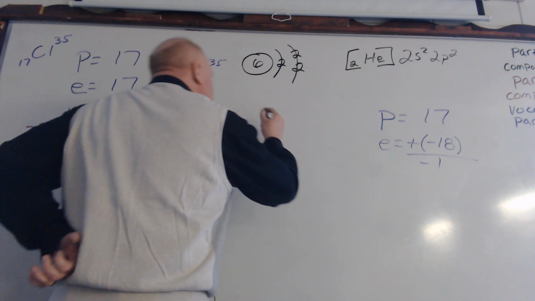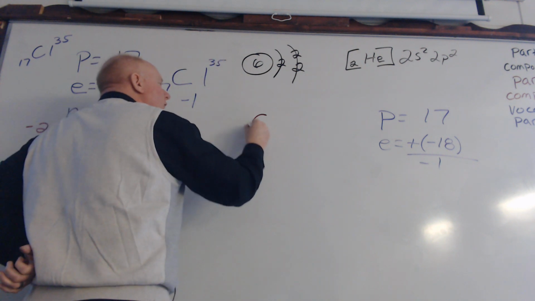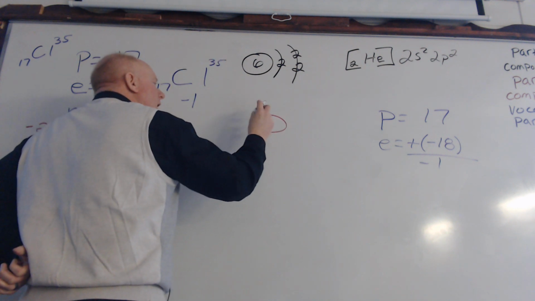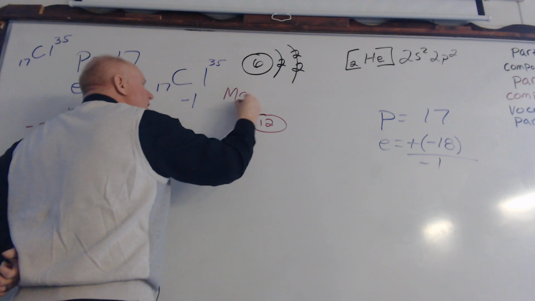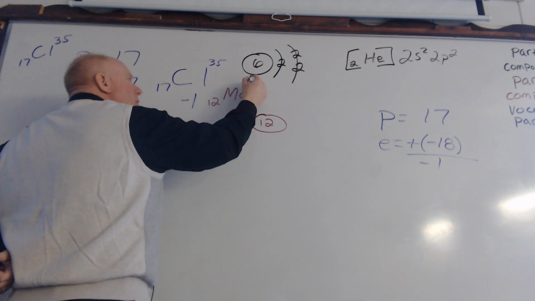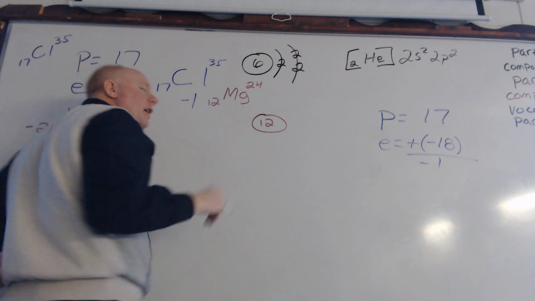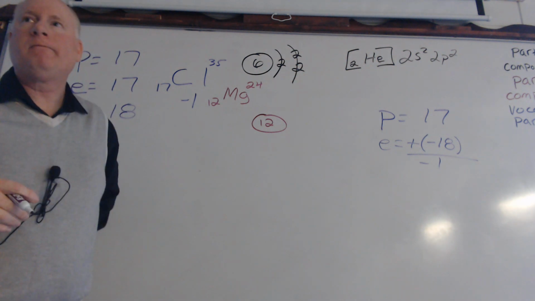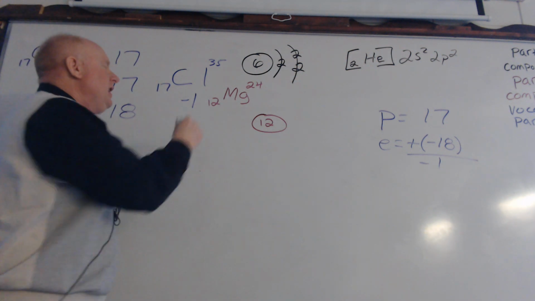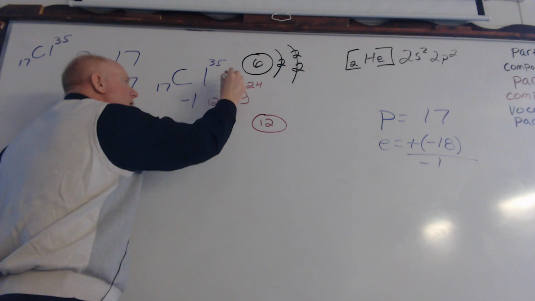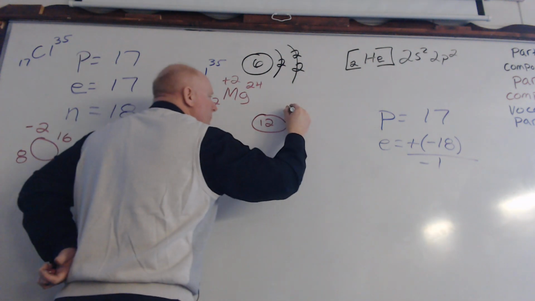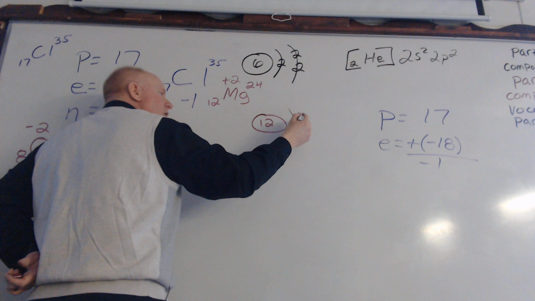So if we're doing element number 12, okay, that is magnesium. It's got 12 and what? 24? Is that right? Okay, we're going to say it is a +2 charge. Now, what that means is, do your Bohr model.